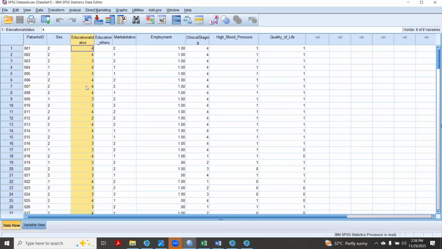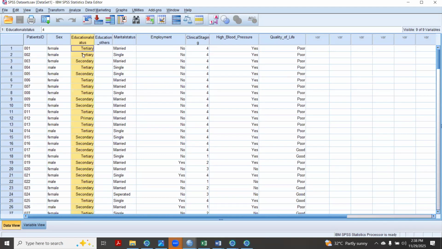So this one has 1, 2, 3, 4. So you will have to consciously choose a reference value for educational status. So which one is going to be your reference value? Is it no formal education, or tertiary, or secondary, or primary, so that whatever odds ratio you get, you will interpret it against the reference value.